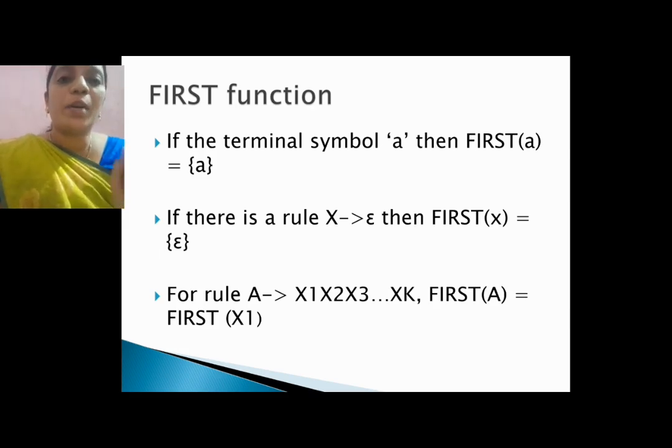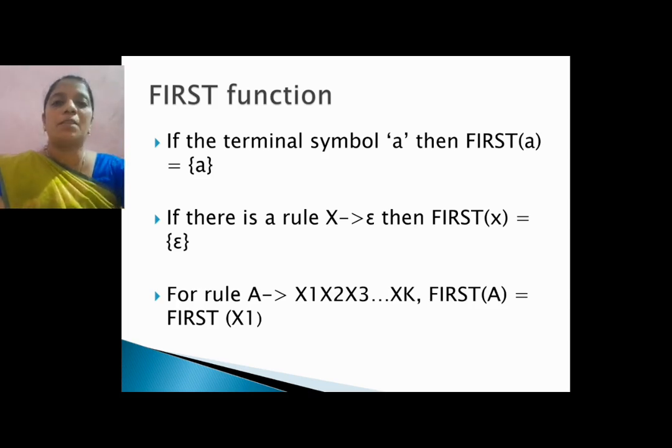You have to go inside the X1 equation and see whether it has a small letter or symbol as its first symbol. For example, if X1 tends to plus capital A, then first of X1 is equal to plus. This is known as the first function: the first alphabet of the equation, which should be a small letter or a symbol. This is how we find the first function.